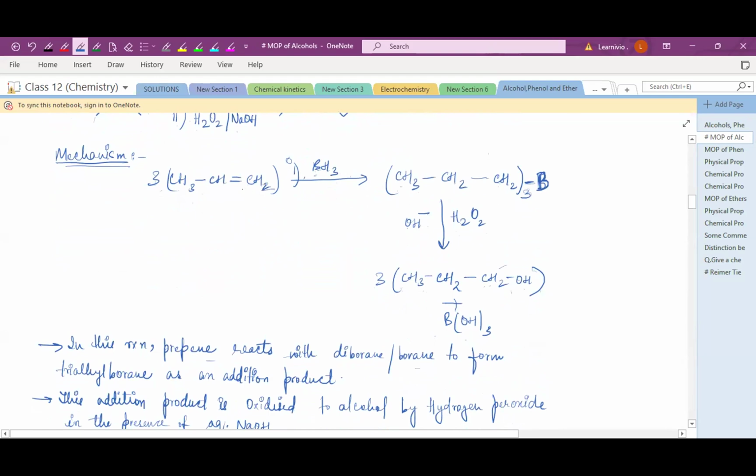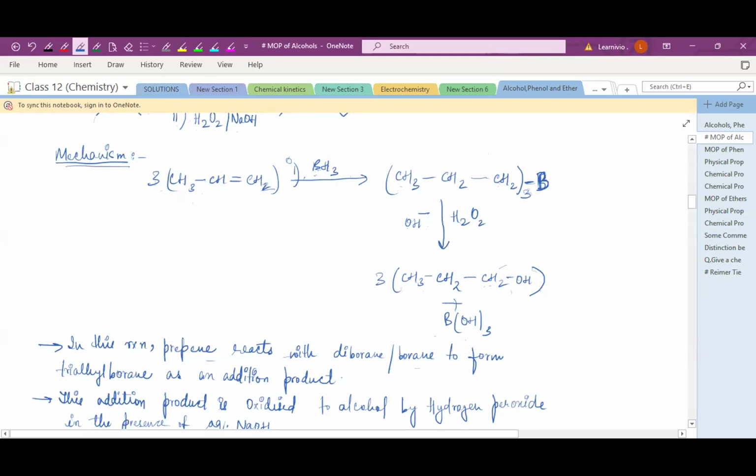Propene हम लेते हैं, 3 moles of propene. And in the first step, we use the diborane, and you can also write BH3, borane भी आप ले सकते हो. When you use the borane, the first step is known as hydroboration, addition of borane, addition of boron.